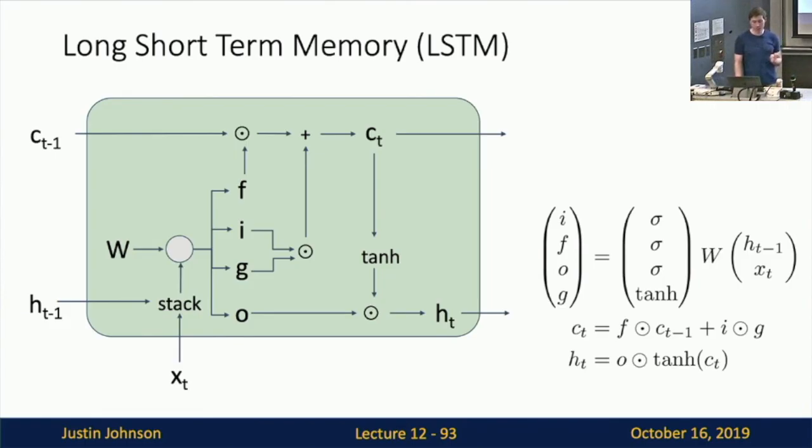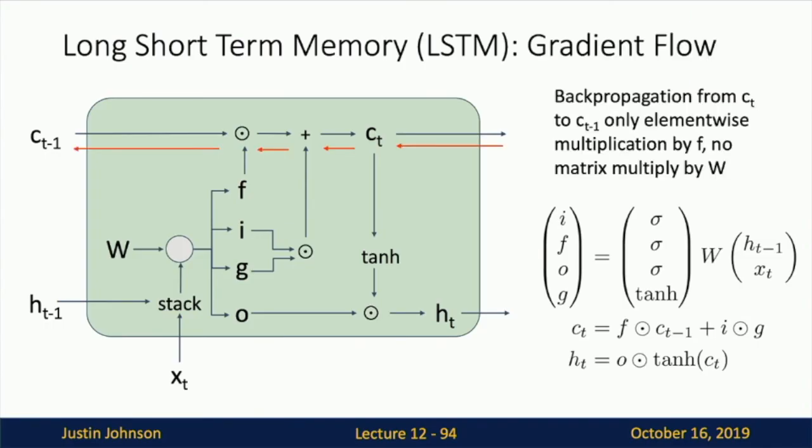What's interesting about looking at the LSTM this way is that it gives us a different perspective on gradient flow through the LSTM, especially compared to the vanilla RNN. If you imagine backpropagating from the next cell state CT back to the previous cell state CT-1, you can see that this is a fairly friendly gradient pathway.